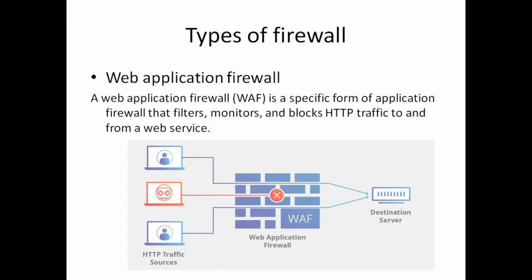For example, it filters HTTPS attacks such as SQL injection, cross-site scripting, and brute force password attacks, which can be monitored efficiently by a web application firewall. That can also be a software or hardware firewall. The best example of a web application firewall is the Akamai firewall.